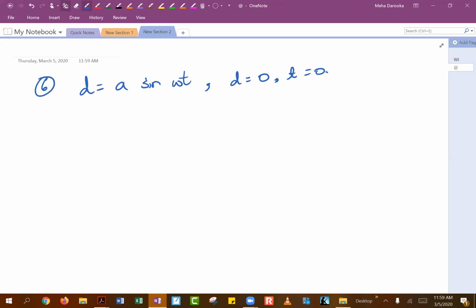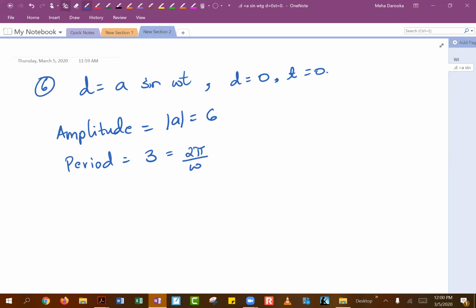Okay, they're telling us the amplitude is 6 centimeters and the period is 3 seconds. I think I said that backwards. And that's going to be 2 pi over omega, right? So what does omega come out to be?